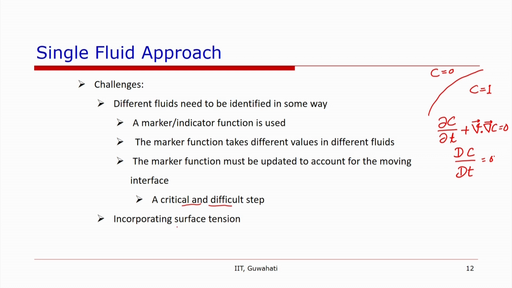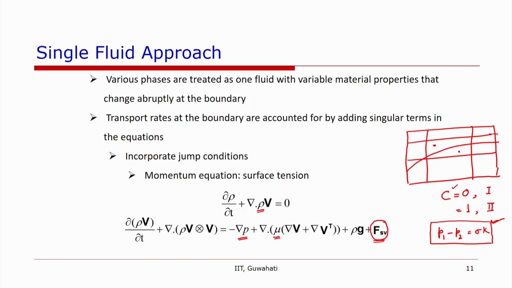We also need to take into account, as we just discussed, the surface tension jump, and how the term we had, FSV, in this system of equations can be modeled. If we go back to the terms in the Navier-Stokes equation, in the momentum equation every term is a force per unit volume.